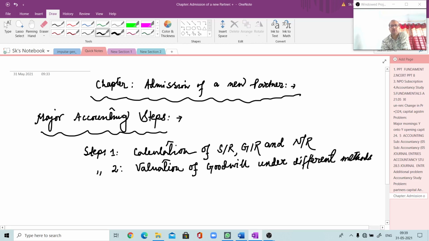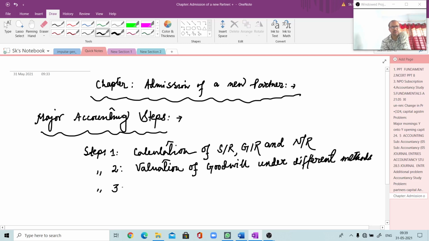There are altogether 5 methods we know: simple average profit method, weighted average profit method, super profit method, capitalization of average profit method, and capitalization of super profit method. So they are the same; we are getting similarity from chapter 2.